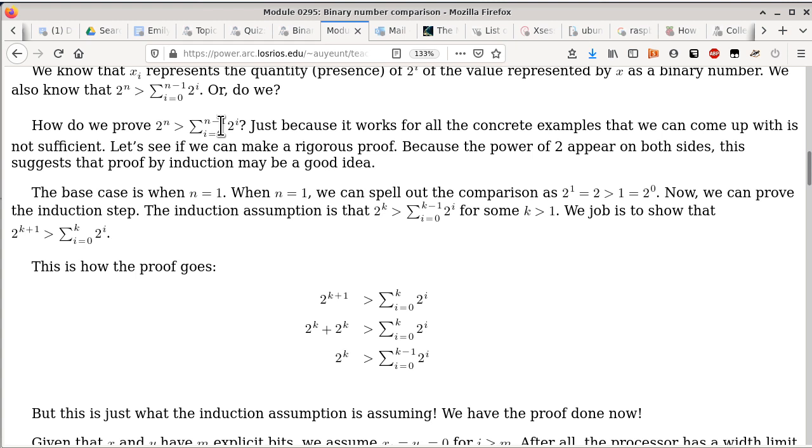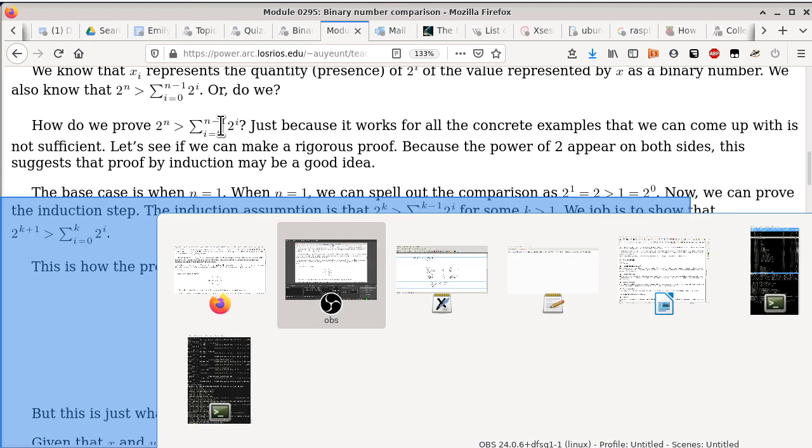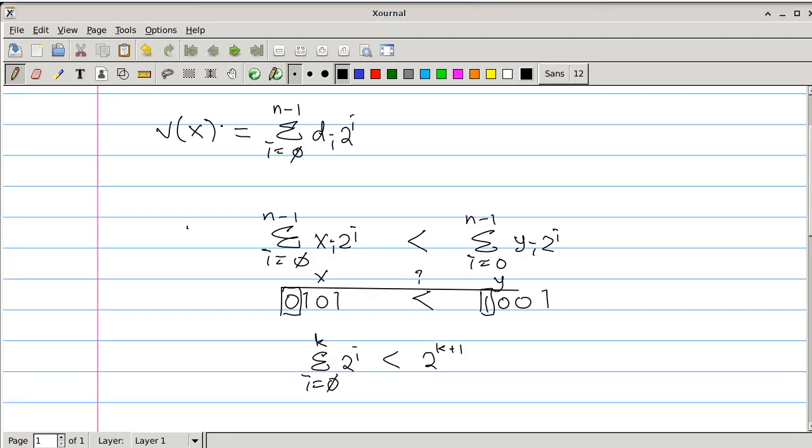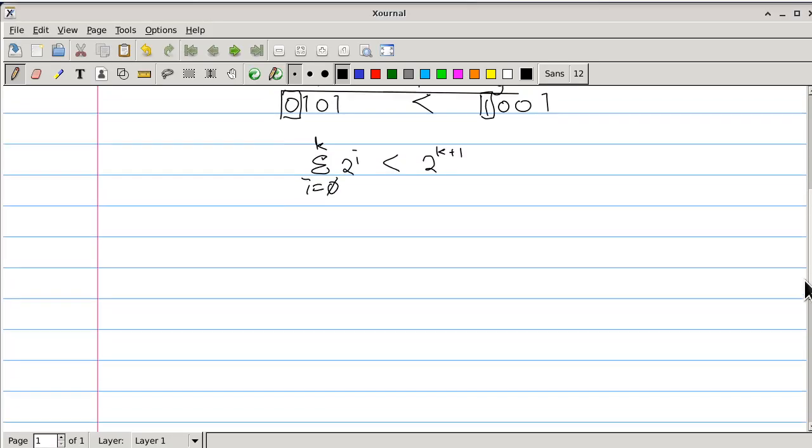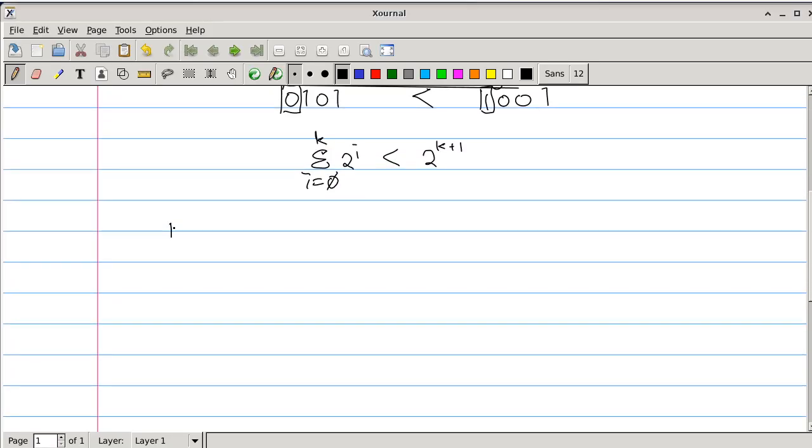Let me present that here. Let's say B is the overall borrow. Now the question is, B is 1 if and only if x is less than y.